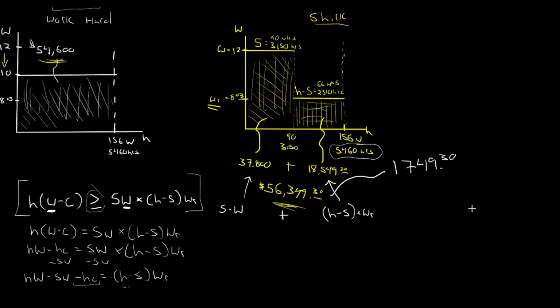So if you were to put that on an hourly rate, take that divided by 54.60, I'm getting 32 cents per hour of economic rent by choosing to shirk over working hard.